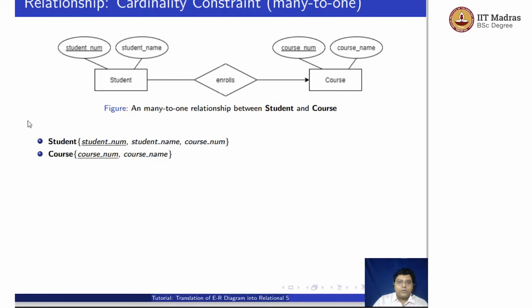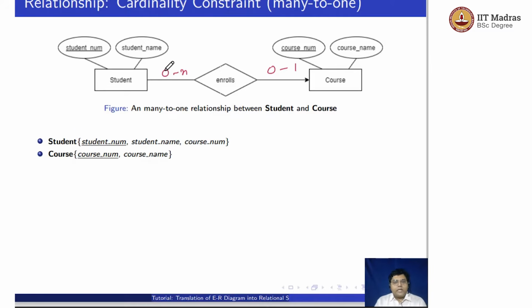So what we say, a course can have 0 to n number of students, whereas a student can be enrolled for at most one course. So how do I represent it?